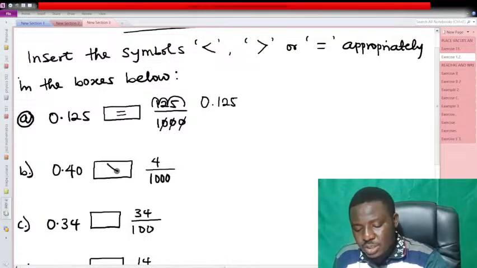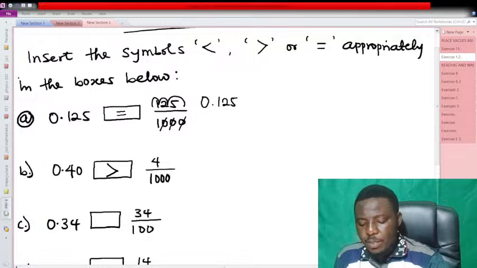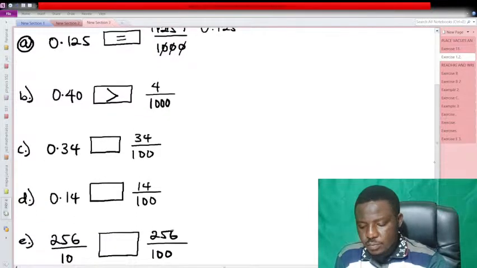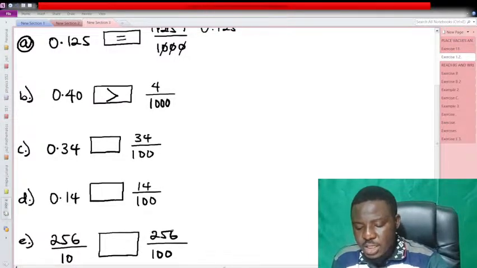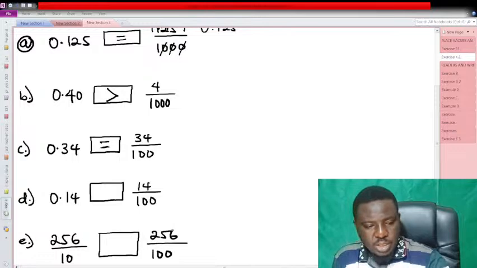So this is said to be greater. Okay, number 3, 0.34 is of the hundredth, and this is also of the hundredth. So you say this is equal to. I think you were telling me one is greater than the other.